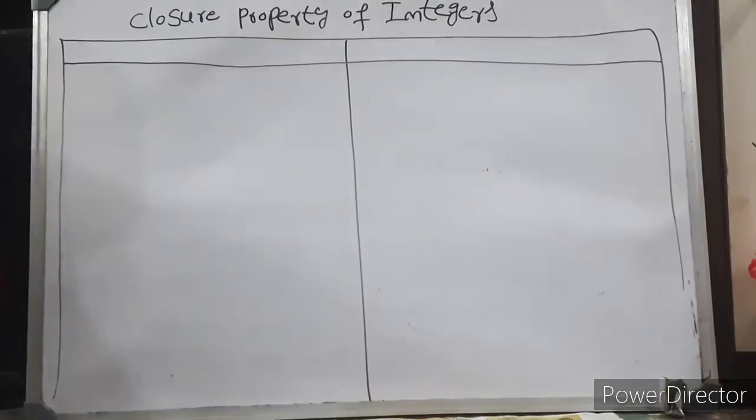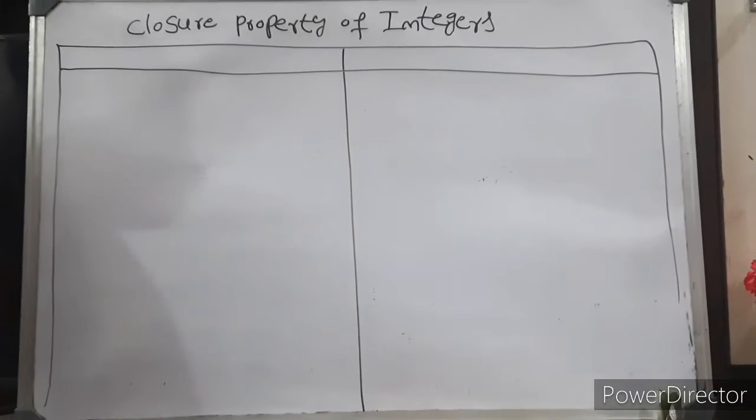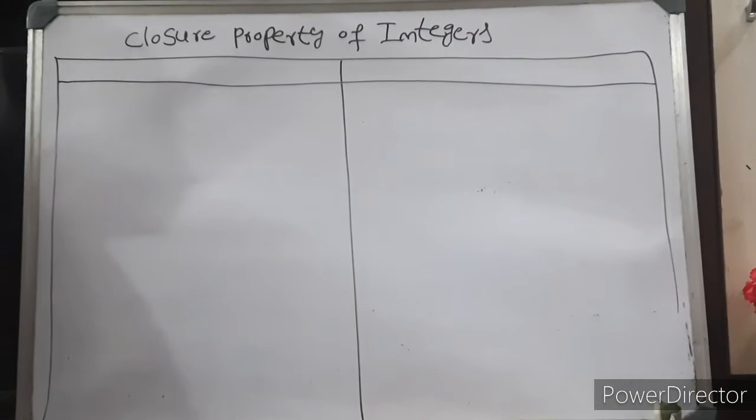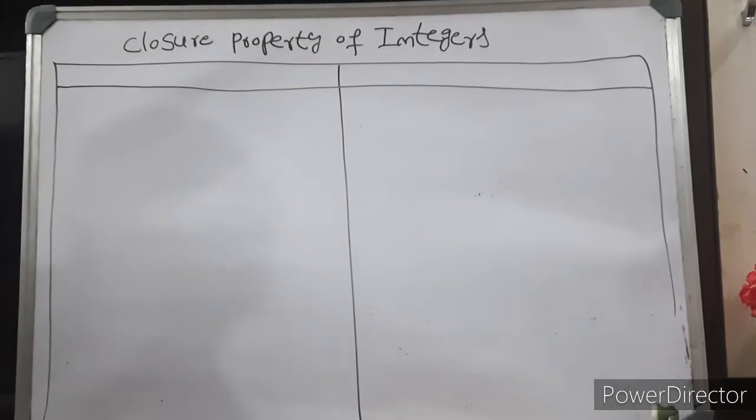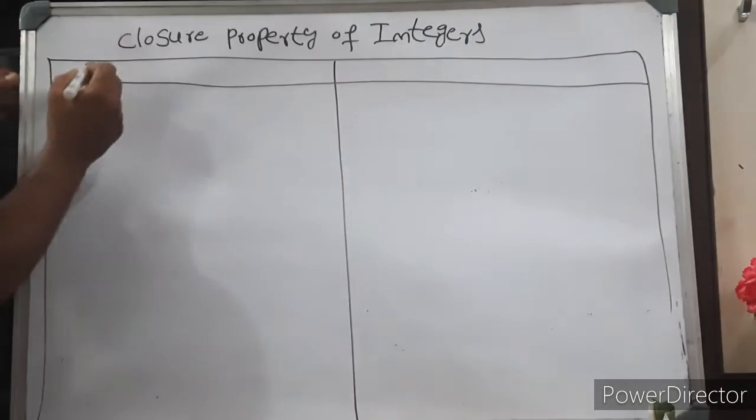We check the closure properties under addition, under subtraction, under multiplication, under division. So first of all, closure property under addition.